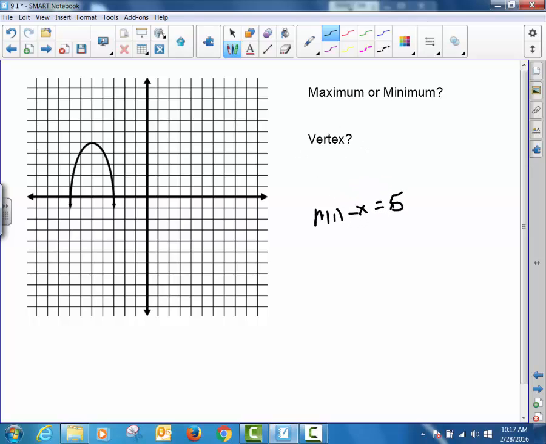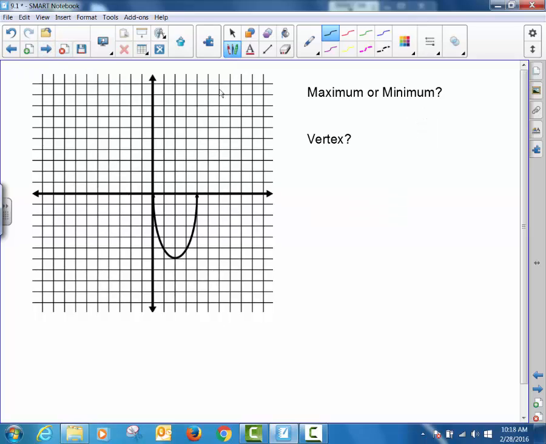Excuse me. Alright, now, what is the vertex on this one? The vertex is -1, 2, 3, 4, 5, 1, 2, 3, 4, 5. So the vertex is -5, +5. One more.